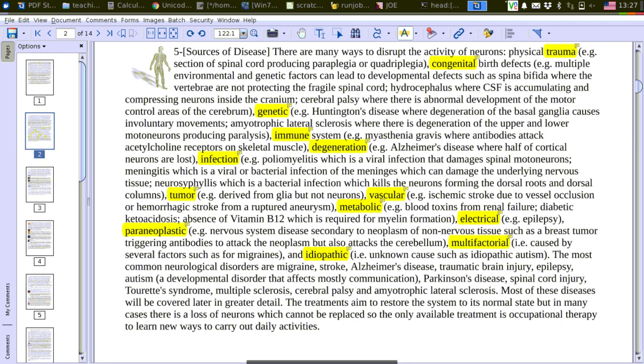So oftentimes the treatment for disease to the nervous system is to try to limit the effects or remove the source of the disease and try to promote normal function of the nervous system as much as possible. Occupational therapy is often used to help the person learn how to do things differently so that they can regain their normal daily routines.